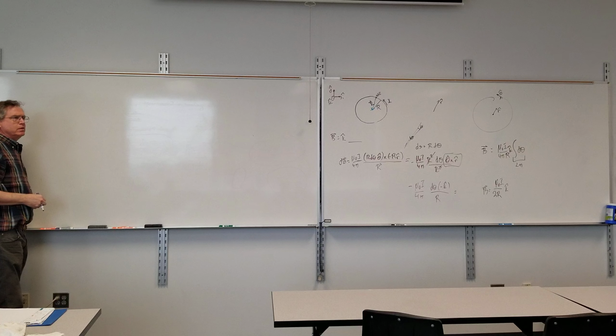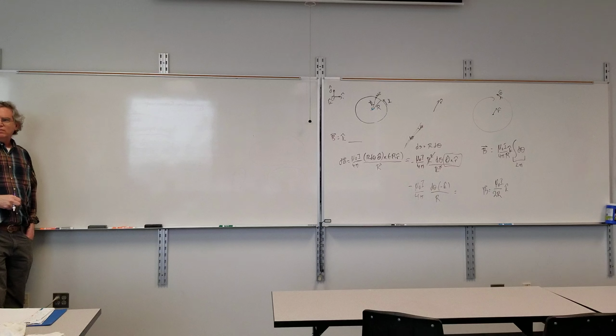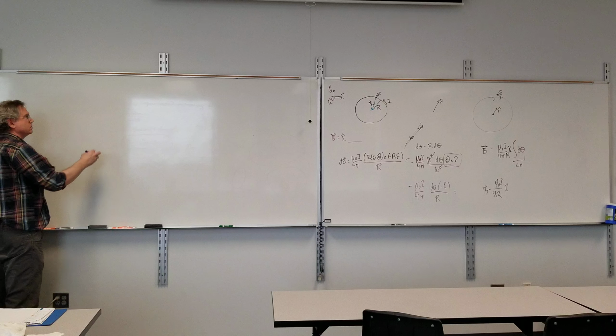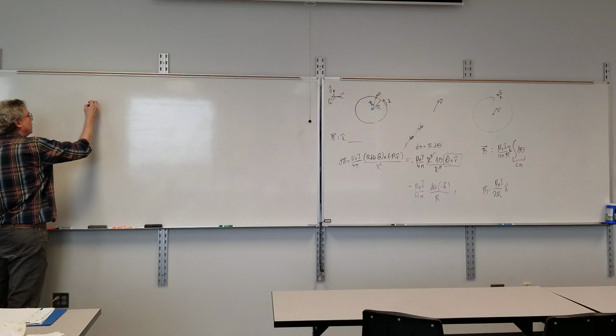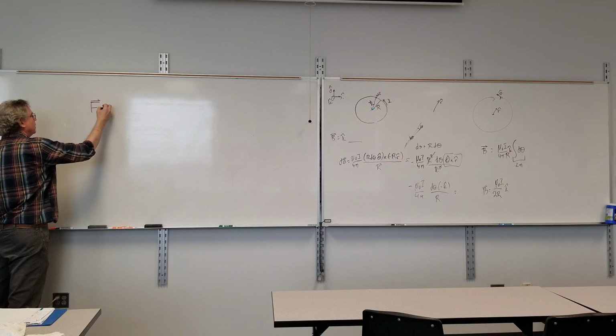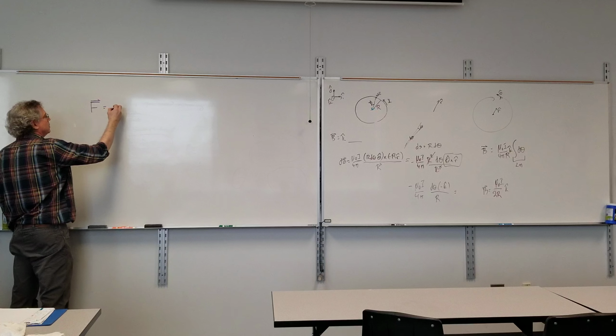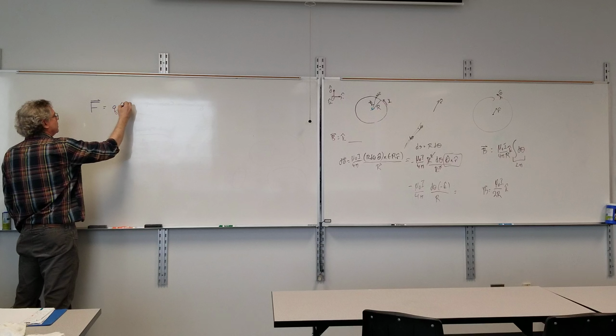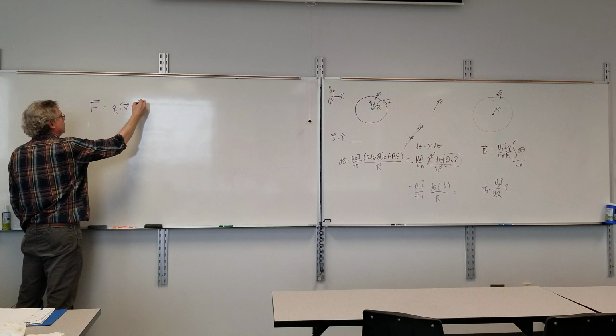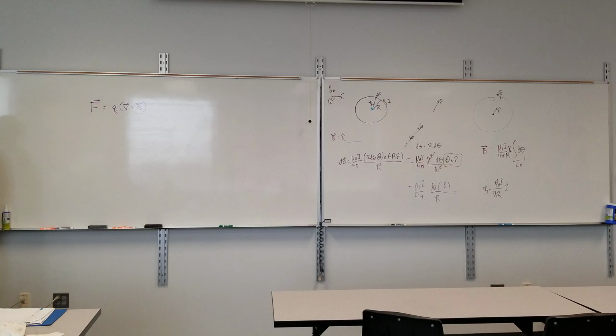I think we can safely say this is the third physics equation of the course. So if I have a charge that is moving at a velocity v in a magnetic field B, then this is the force that's applied to it.